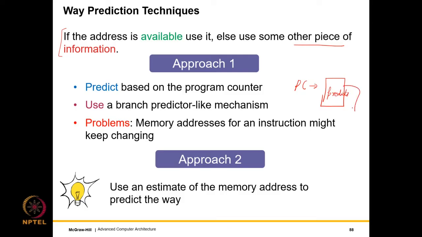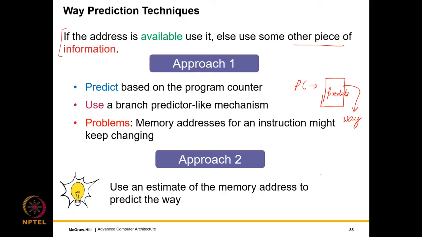It predicts, and what we get out is the way. A major shortcoming of this approach is that for the same program counter, the addresses keep on changing. So if the memory addresses keep on changing, the ways will also keep on changing, and the predictability of this source is kind of low.